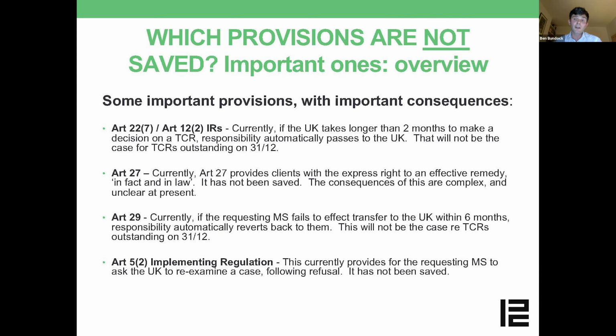They decide whether the criteria have been correctly or incorrectly implemented, and if necessary, they'll make findings of fact and findings on the evidence in order to do so. So this is a far cry from the ordinary judicial review jurisdiction. Article 27 hasn't been preserved for these transitional cases.